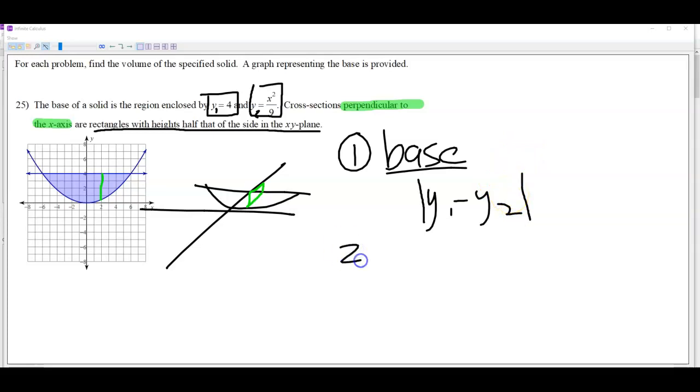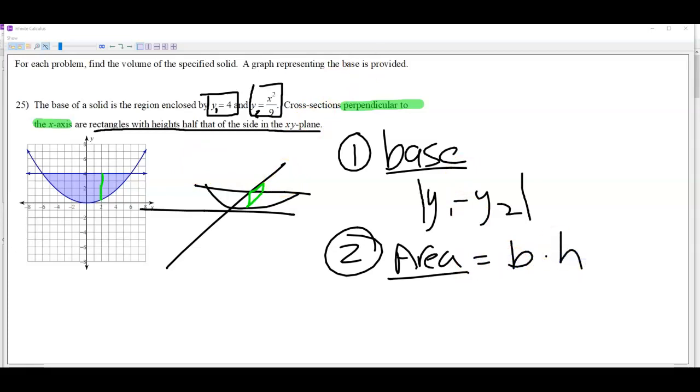Now, we're going to move on to the area, which we're looking for the area of a rectangle. Now, as you guys know, the area of a rectangle is base times height, right? Now, we already know what the base is. The base is y1 minus y2, right? My height, though, according to the problem up here, is that the heights are half of the base.